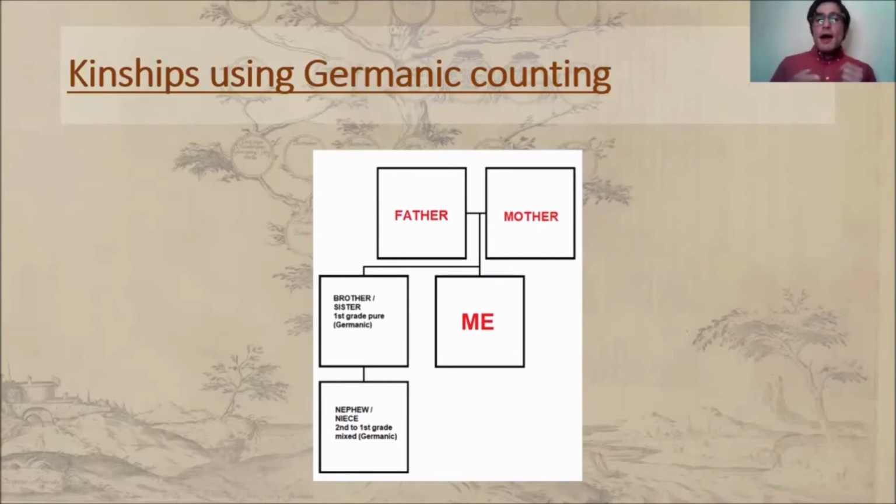sibling. In the case of Germanic counting, this is very important for genealogy because this is a way that relationships are recorded in Catholic Church records before 1983, and that is almost all Catholic records available for genealogy and existing were produced before 1983.